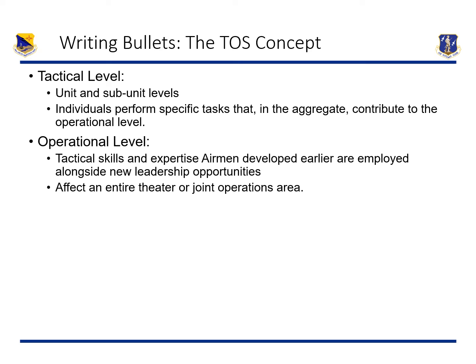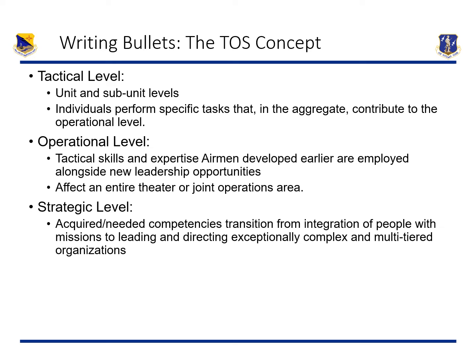So it's important to understand that at the operational level, we're broadening our scope. We're not just seeing a simple task being accomplished, but maybe a conglomeration of expertise, or the synergistic effect of team building or mentoring.